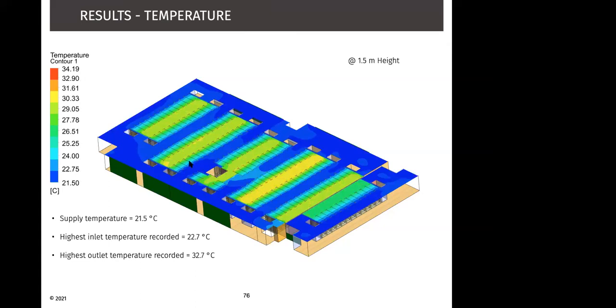So the cooler air is moving around the room with the hot air being pushed into the hot aisle containment. So in this case, the supply temperature is at 21.5 degrees, and the highest inlet temperature recorded is 22.7 degrees, and the highest outlet temperature recorded is 32.7 degrees.